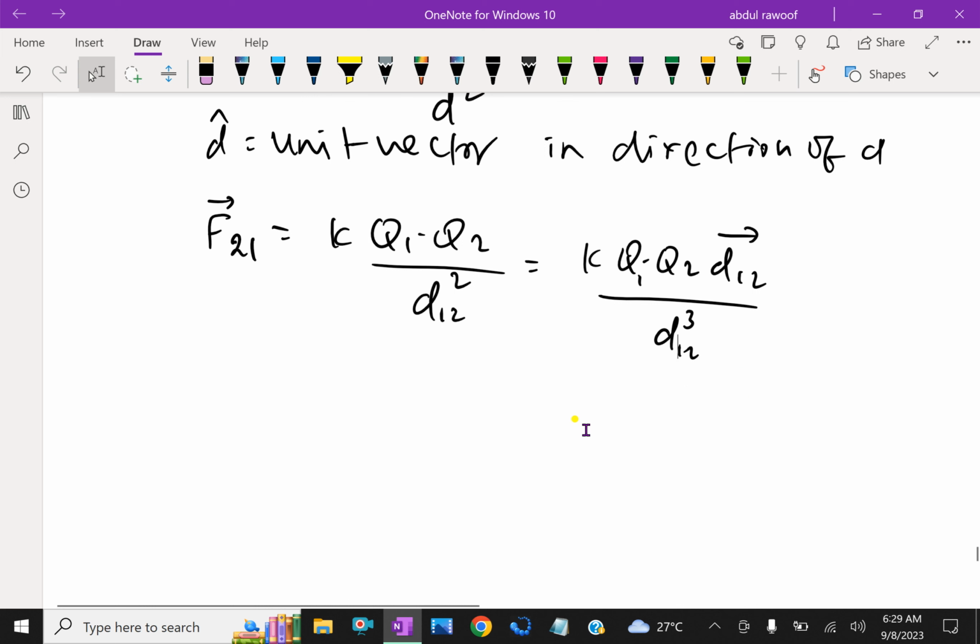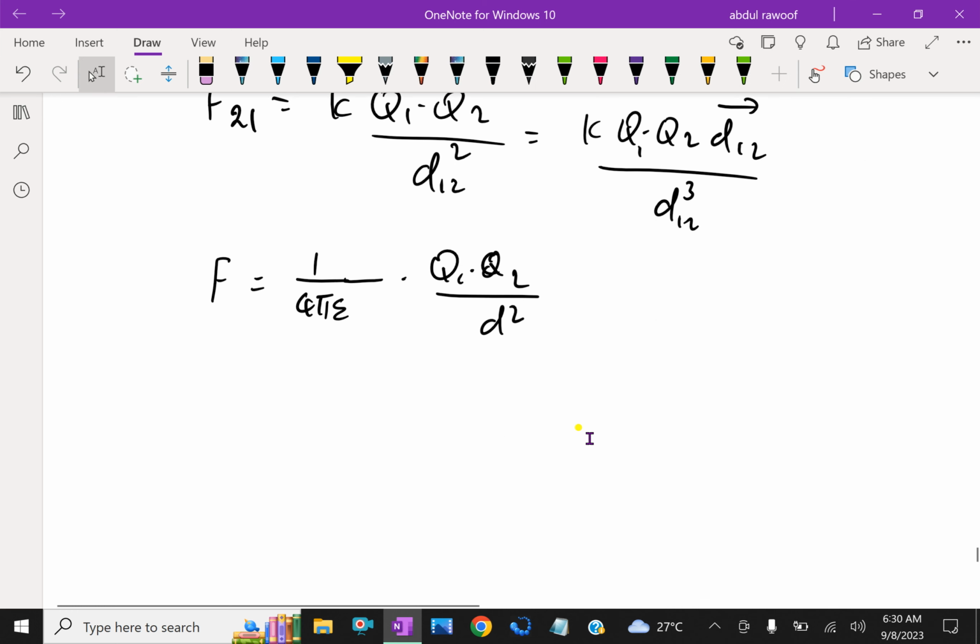Now in general, we can use the value of k as 1 by 4 pi epsilon, into q1 q2 over d square.